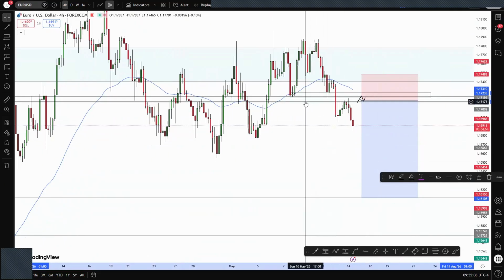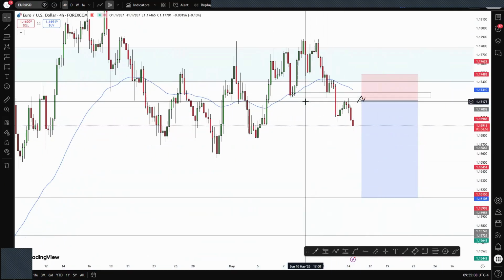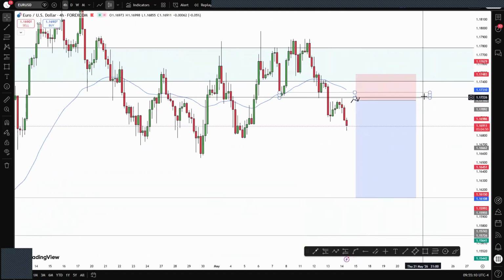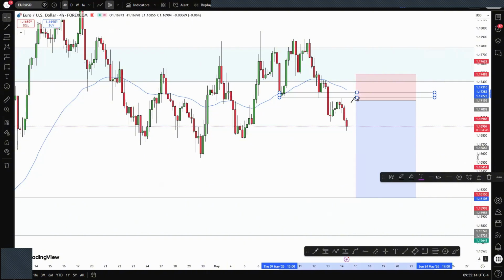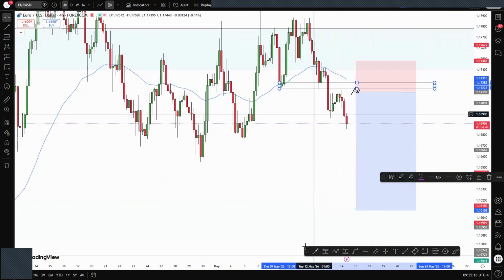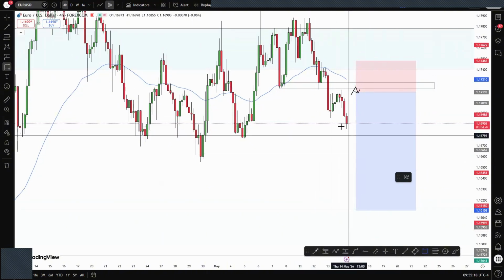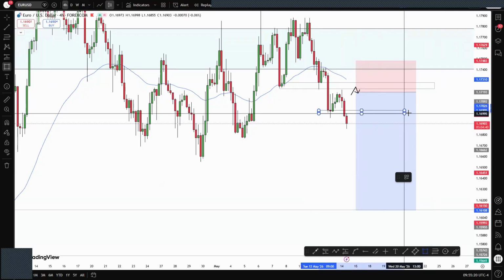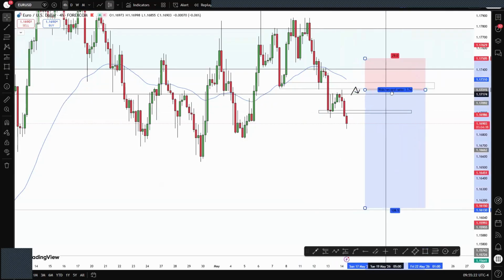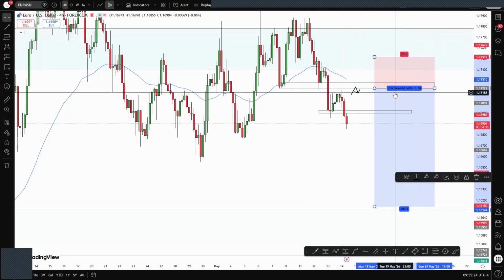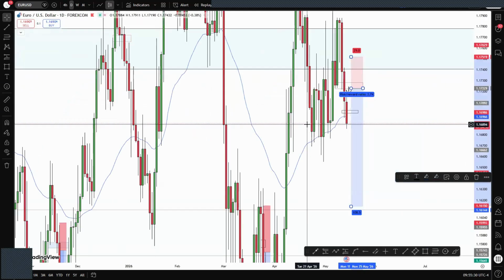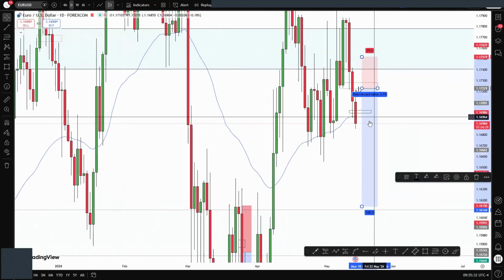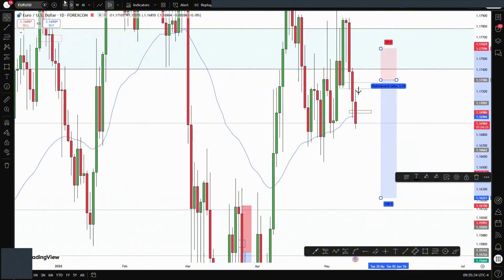So that's about it. We had the break there, but price didn't retest, and price has made a new lower low, making this trade invalid for now. This trade is very much invalid because now we are bullish, so we can only buy once price is back at this OG level again.